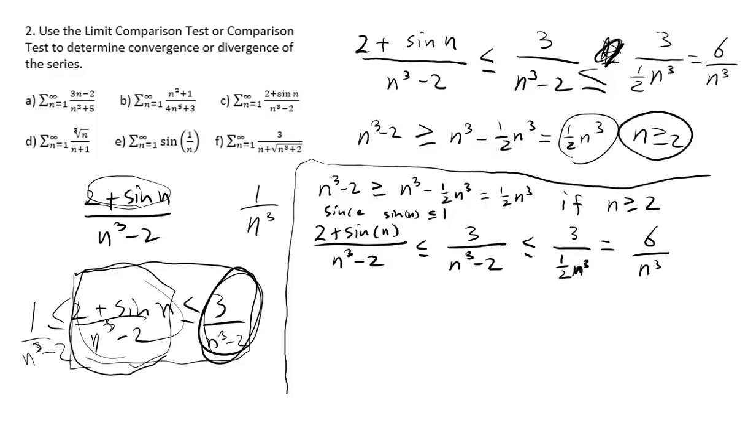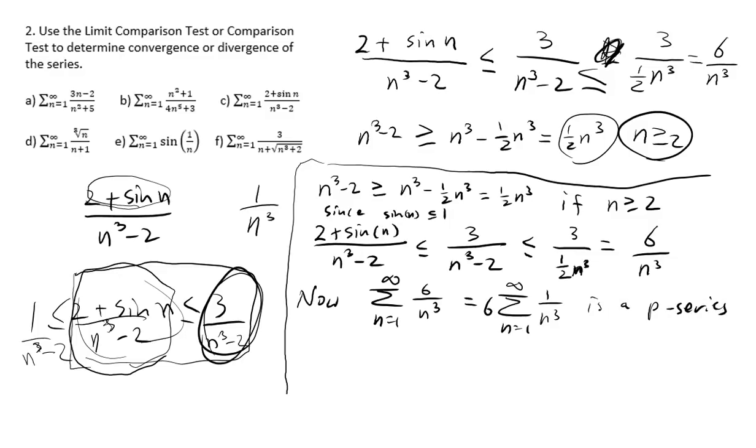And this is a good thing, because the sum over n from 1 through infinity of 6 over n cubed is 6 times the sum over n from 1 through infinity of 1 over n cubed, which is a p-series with p equals 3, greater than 1, which converges.